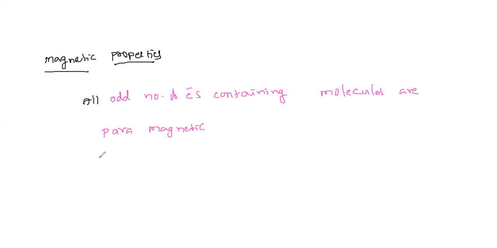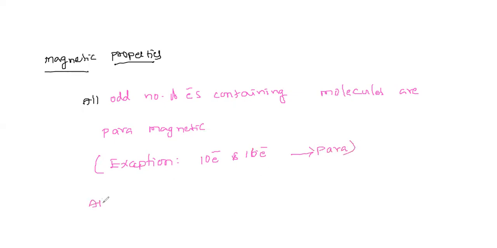All molecules containing an odd number of electrons are paramagnetic, but there is an exception: 10 electrons and 16 electrons are also para. This is an exception case.